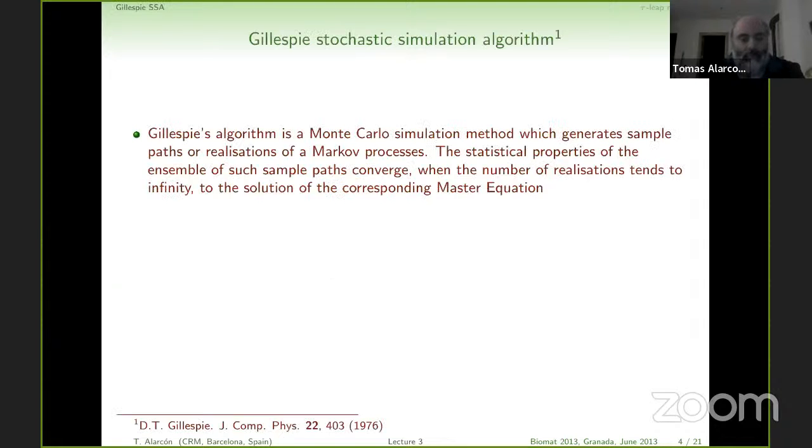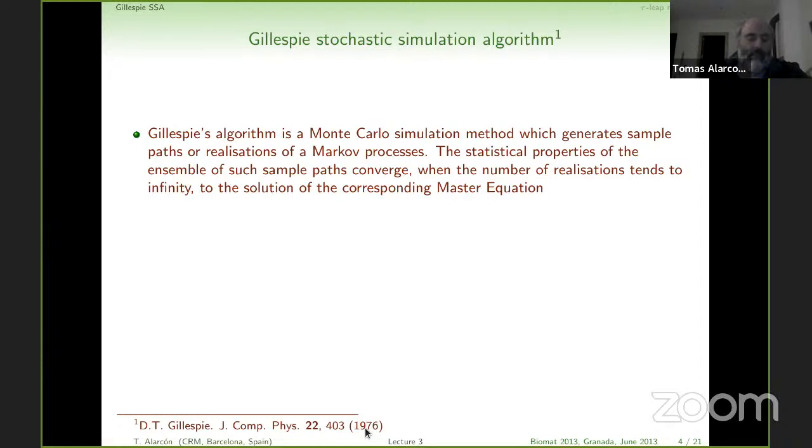As we were saying, analytical or asymptotic solutions to this kind of systems are rarely available. So most of the time, to study these systems, we need to resort to numerical algorithms, stochastic Monte Carlo simulation methods. The most basic algorithm is the so-called Gillespie algorithm that was proposed by Dan Gillespie in this paper in the Journal of Computational Physics in '76.